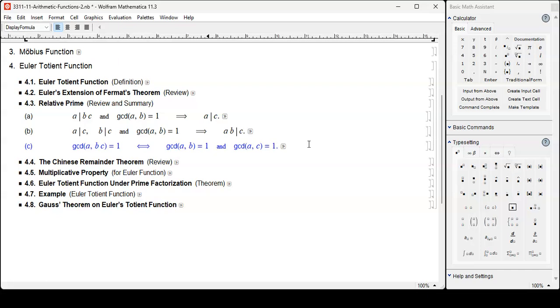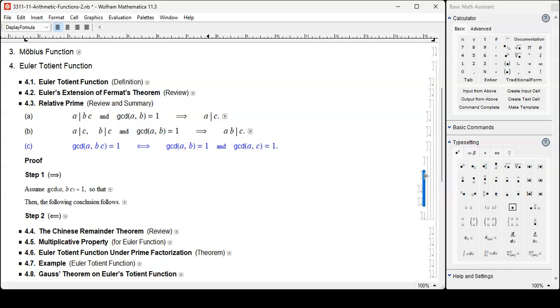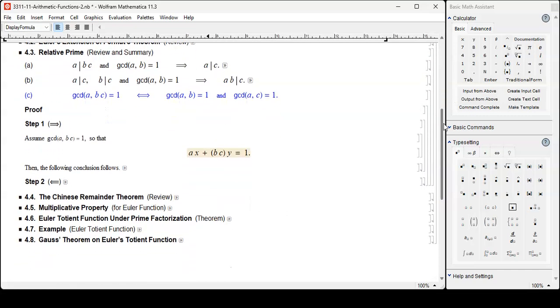A and B times C are relatively prime if and only if A and B are relatively prime and A and C are relatively prime. The proof of the forward direction is trivially simple. We begin with Bezout's linear combination expression: A times some integer plus BC times another integer is 1. That's what this one is.